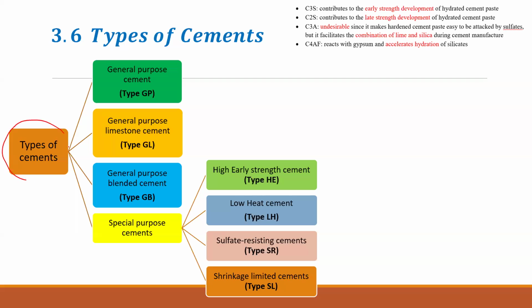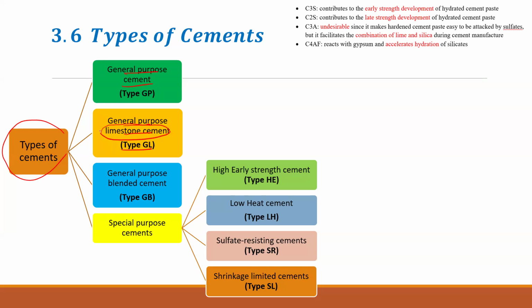For types of cement, we can have general purpose cement, which is a normal cement. And we can have general purpose limestone cement. That means we use a percentage of limestone in the cement. Limestone is before burning.